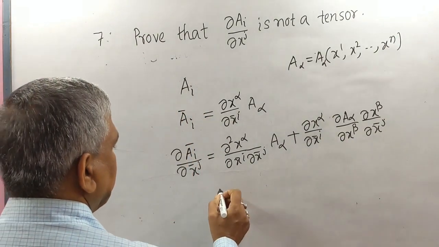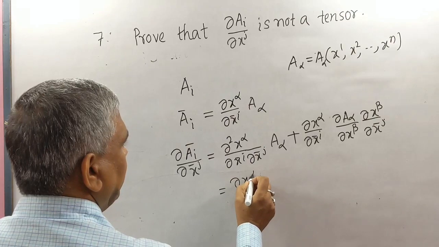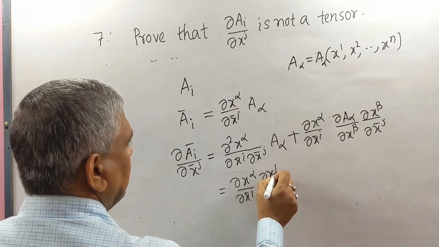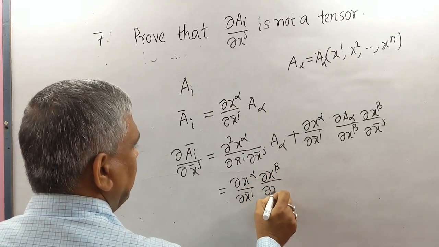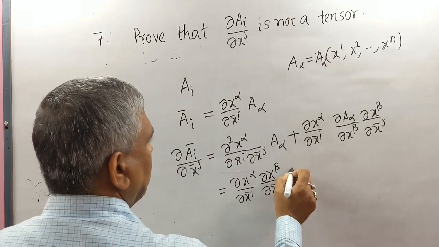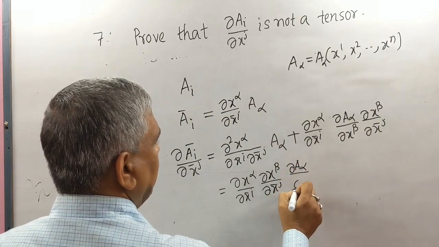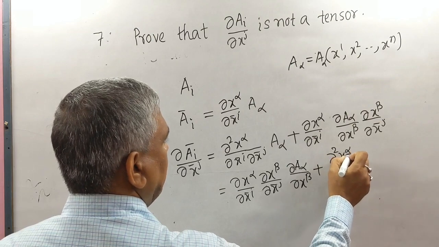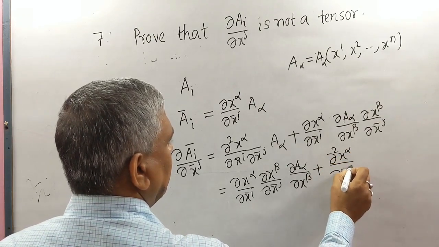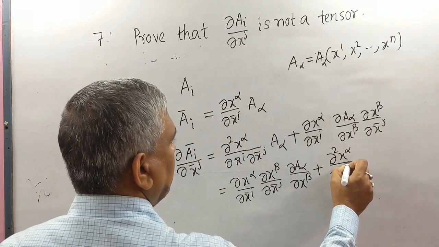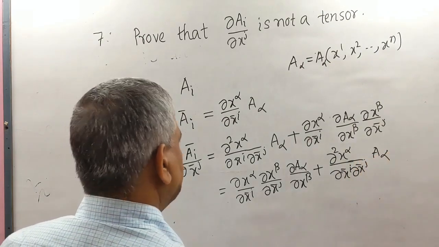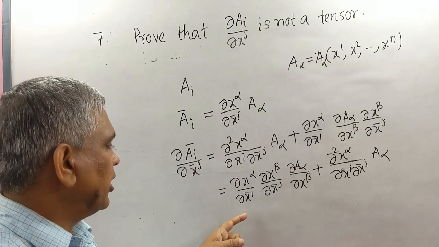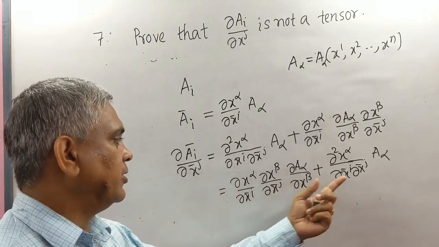We may write this as del x alpha by del x bar i, del x beta by del x bar j, del a alpha by del x beta plus del 2 x alpha by del x bar i, del x bar j, a alpha.